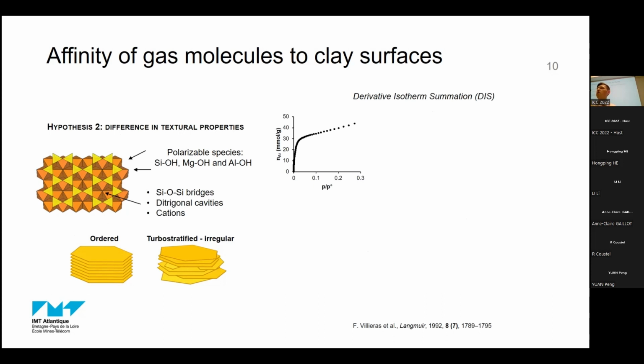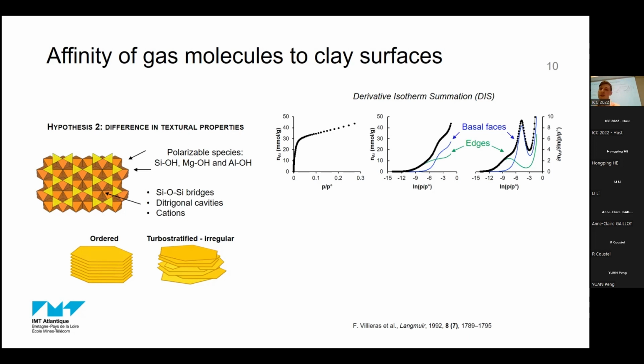So in principle it is relatively simple. We measure a high resolution isotherm with a high number of points at low pressure. And then when we pass to the logarithmic scale, we can see that we have several contributions in the isotherm, which can be better highlighted when we pass to the derivative.